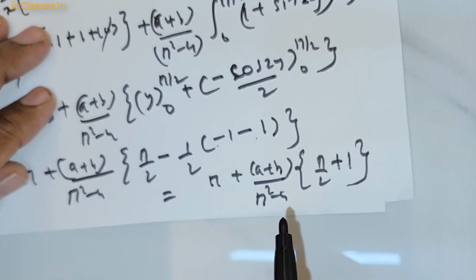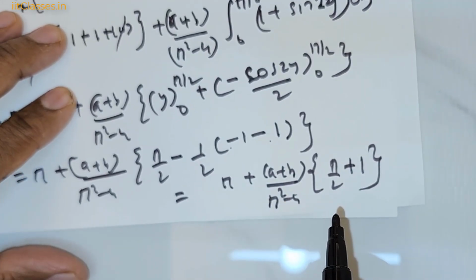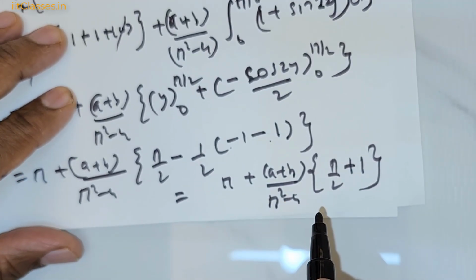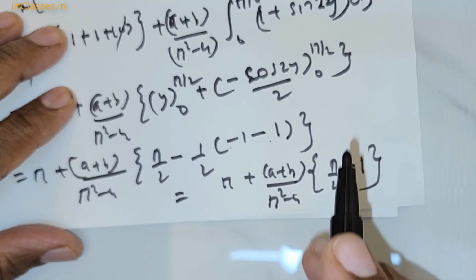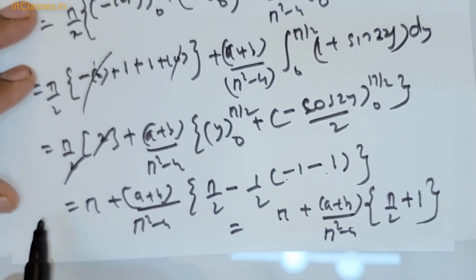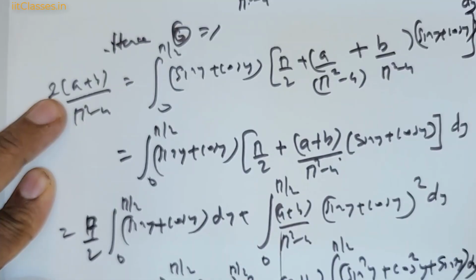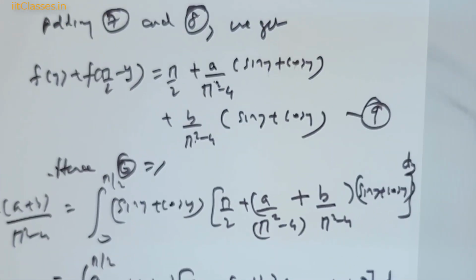Okay. So now what we have to do is we will have to extract the value, right? On the left, what we got? We got 2 times of, okay, so let me rewrite those things first.